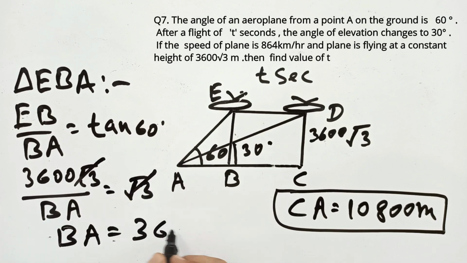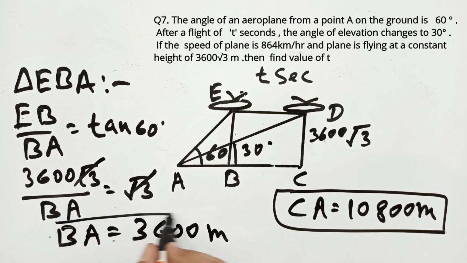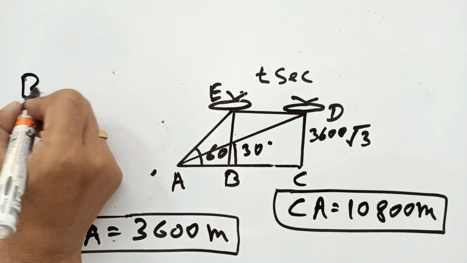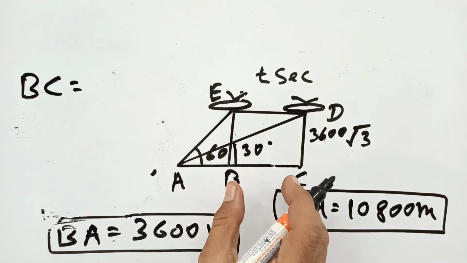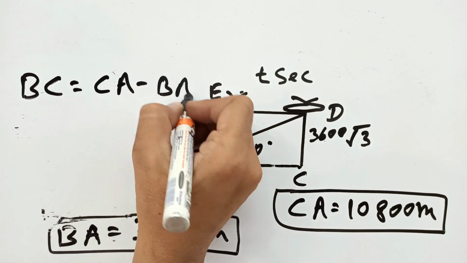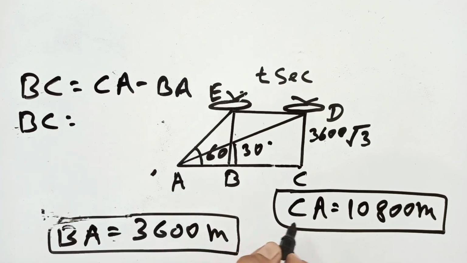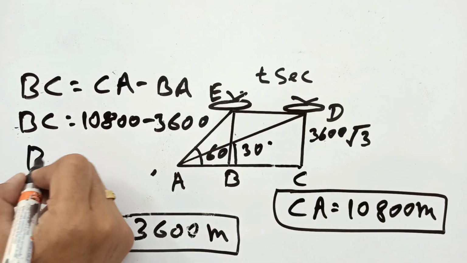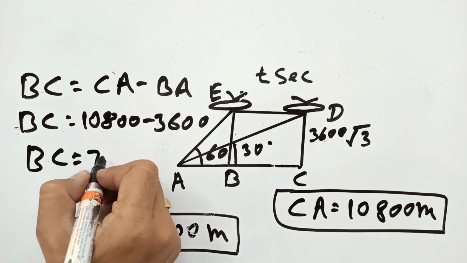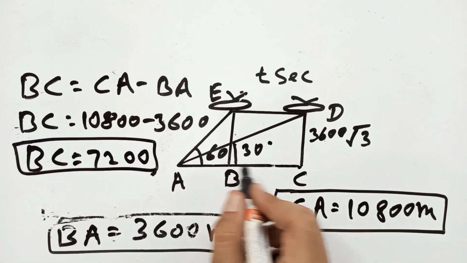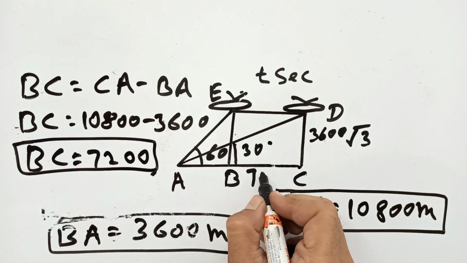BA is equal to 3600 meter. Now we have to find the distance BC. BC is equal to CA minus BA. So distance BC is 7200.